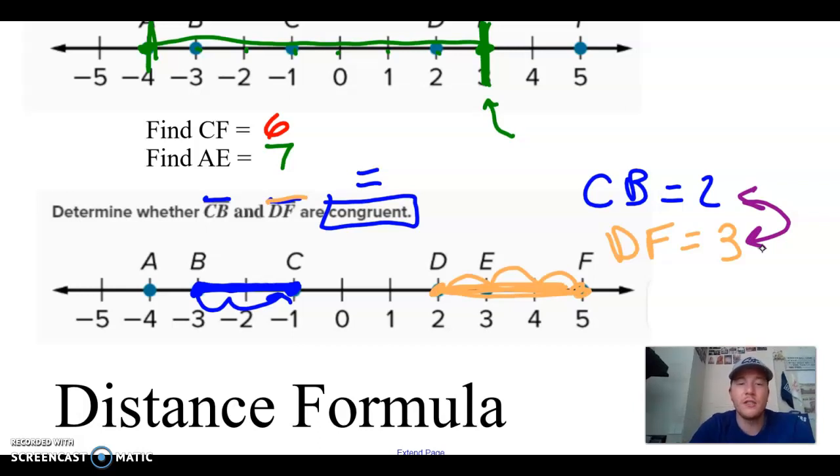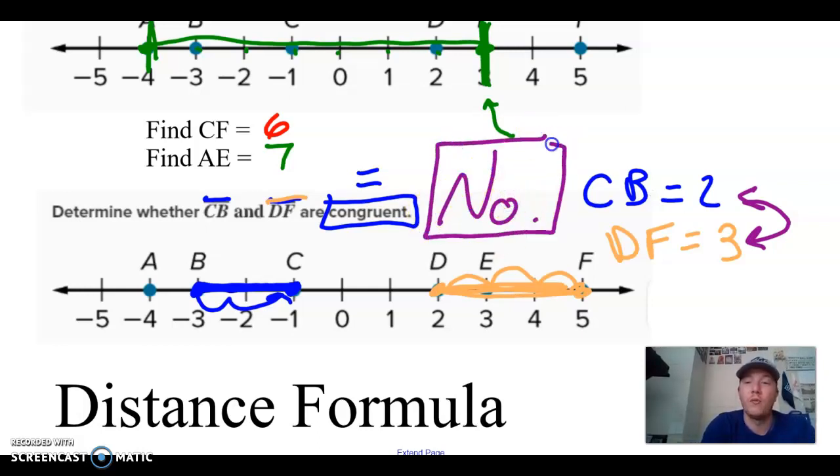Okay, so since CB and DF are not the same distance apart, since those line segments are not the same length, they're not congruent. Now, the answer to that question would just be no. Are they congruent? No.